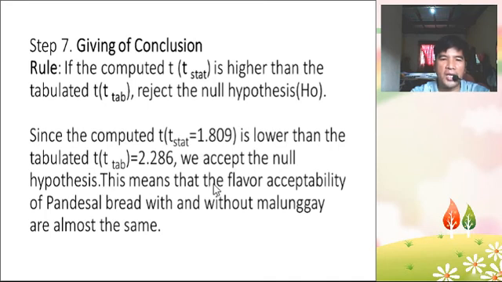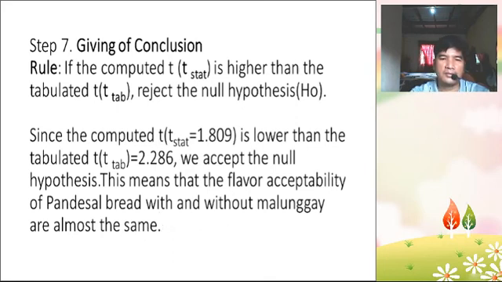This means that the flavor acceptability of pandesal bread with and without malunggay are almost the same because it is lower. If the computed T is higher, then you have to reject. But since it is lower, you have to accept the null hypothesis. So meaning to say, the pandesal with and without malunggay are almost the same based on the T statistics for paired data.